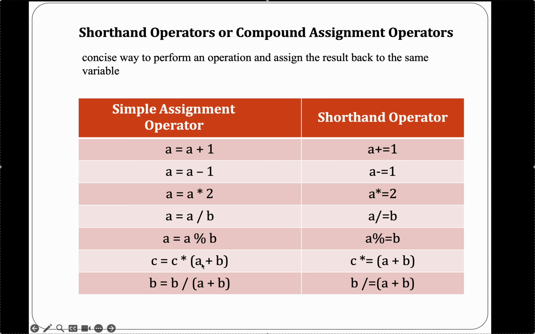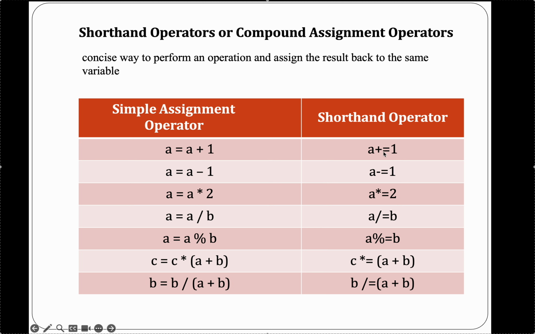Not only these expressions, you can do whatever you like by combining an arithmetic operator along with the assignment operator to form shorthand operators. We can say it is a shorthand operator or compound assignment operator. The meaning is we are performing some operation, but the result will be stored back in the same variable.